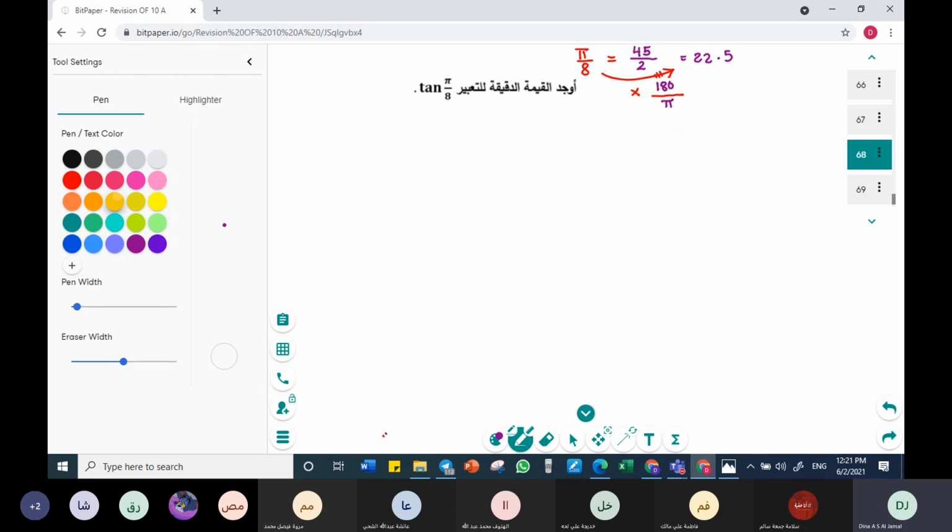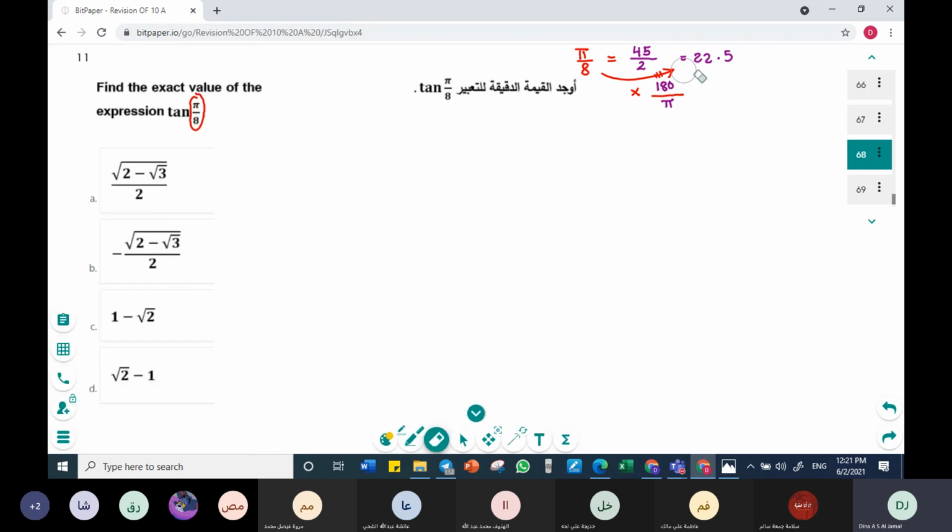If I want to make it in radians, it will be having a form of pi over 4 from the special angles over 2. Now this will be helping us to divide our theta. That means it is easier for us to use the half angle identity.